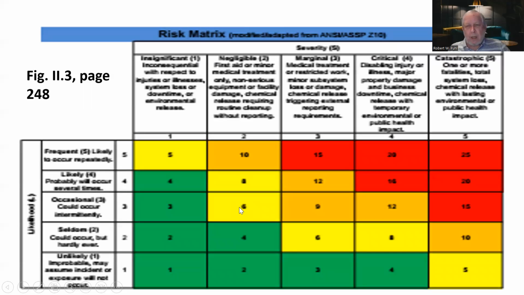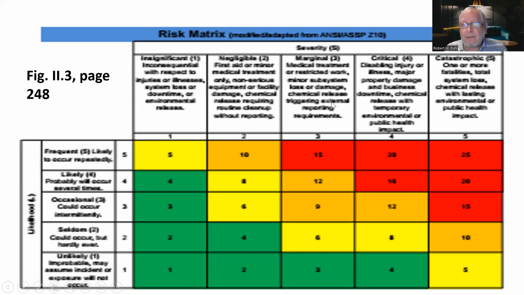And this is really hard to read. It's in the book on page 248. And this really is just a 5x5 matrix. It just has a lot of verbiage included in here. Like, let's look at the marginal medical treatment or restricted work, minor subsystem loss or damage, chemical release. And you see these things here, it gives you some for people and the environment.